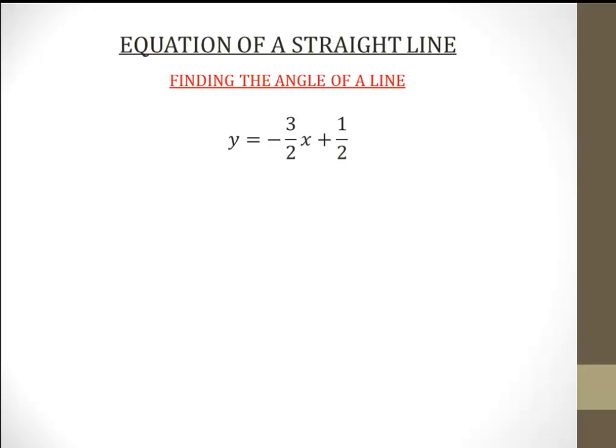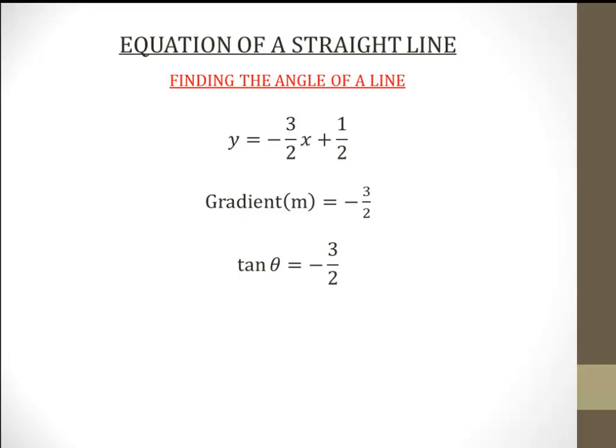From our previous lessons, we learned that when you express an equation in the slope equation form, the coefficient of x becomes our gradient. Therefore, our gradient m is equal to negative 3 on 2. We then equate tan theta to negative 3 on 2. We are looking for theta.